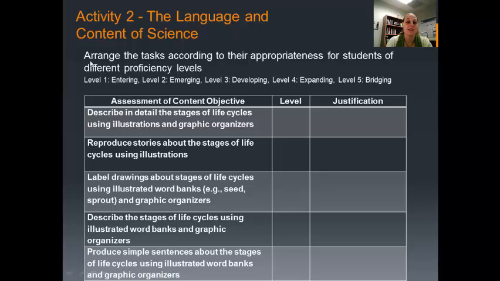And you can see that the levels that I want you to think about are entering, emerging, developing, expanding, and bridging. So those students who are in the entering level are going to be at the lowest proficiency, where they would need a lot more support, right? Versus the bridging, students who are at the level 5 are going to be those that are basically fluent in English and are about at the level of their English-speaking peers.